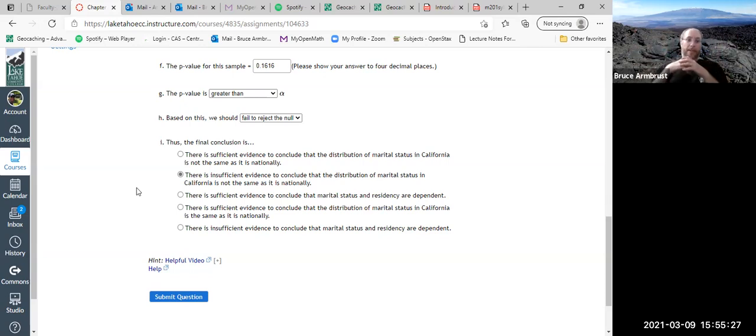Right? I mean, we can't say for sure that it is the same, but we're basically saying, well, we can't say that it's not the same. And I know that feels weird, and you probably still don't like this failing to reject business, but that's how hypothesis tests work.